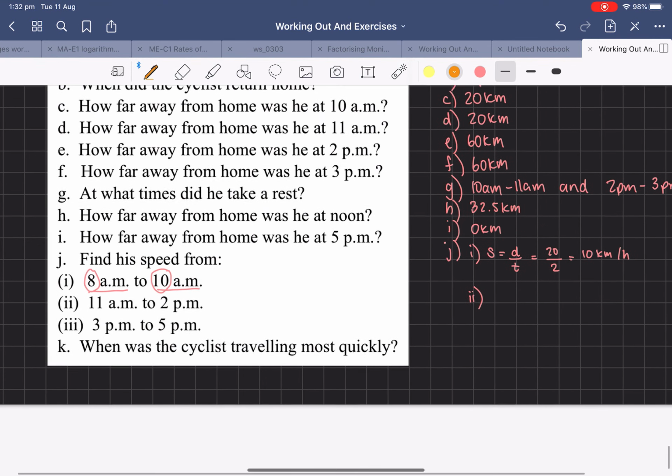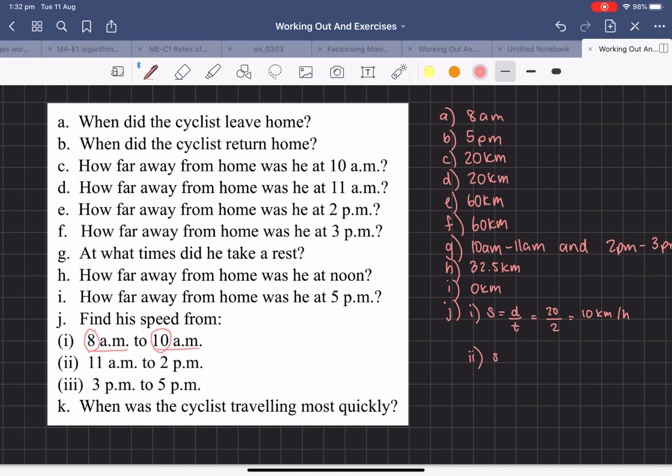So again, using my formula, speed equals distance over time. He travelled 40 kilometres in 3 hours, which is 13.3 kilometres per hour.